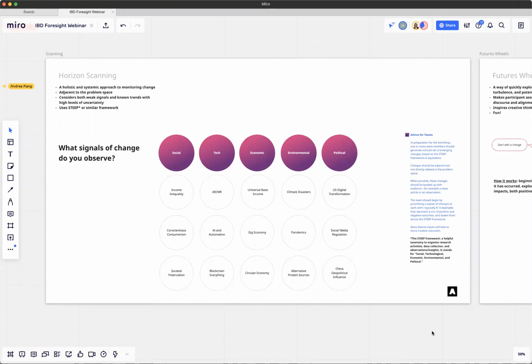So even though I just said, well, we're talking about grocery today, right? We're talking about food. You'll notice that the signals of change that we've pre-populated in the little circles below are things like income inequality or AI or the gig economy or pandemics. None of these are directly related to the topic of grocery, but all of them are adjacent to this problem space.